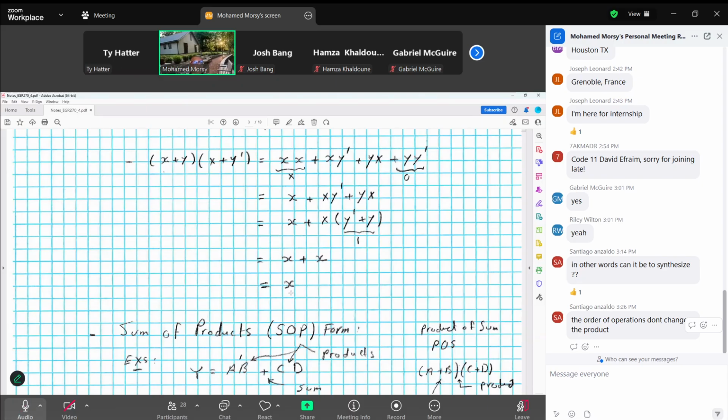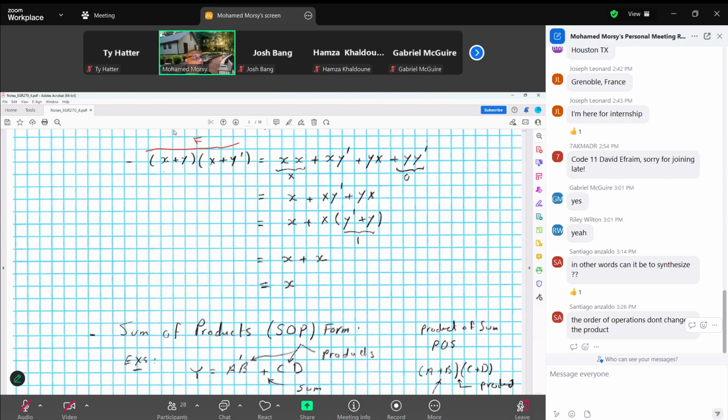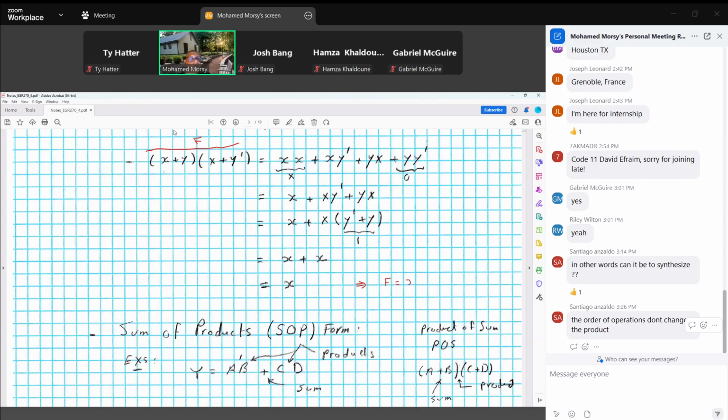So what does this mean? What is the connection here between the output and X? It's just a wire. So if this is F here, the output F is equal to X. So what is the connection?